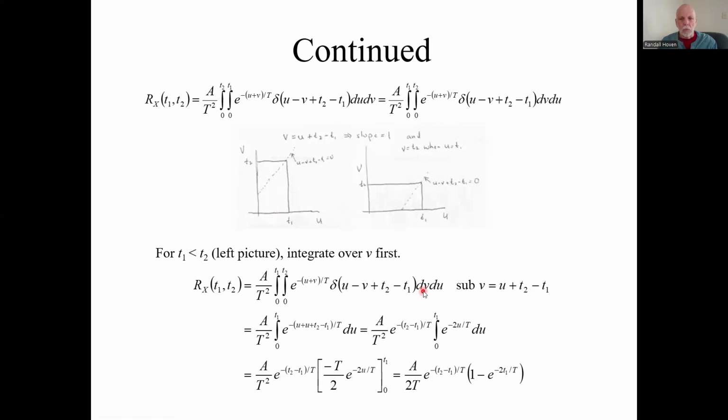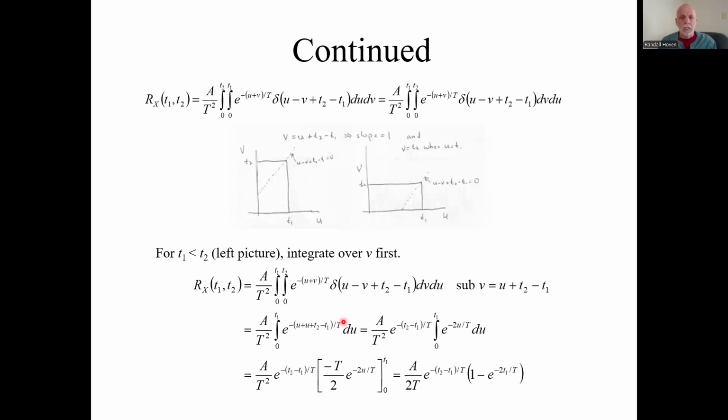And let's see. What V makes this argument 0? Well, that's where V equals U plus T2 minus T1. So substitute that in for this V, and I would get that in that argument. And the rest of this thing, well, that inner integral then goes away.